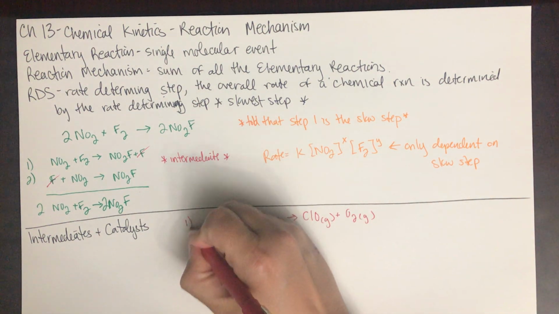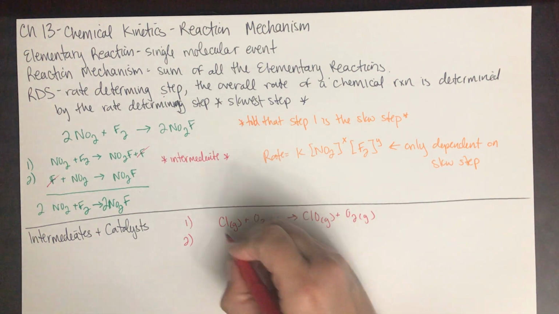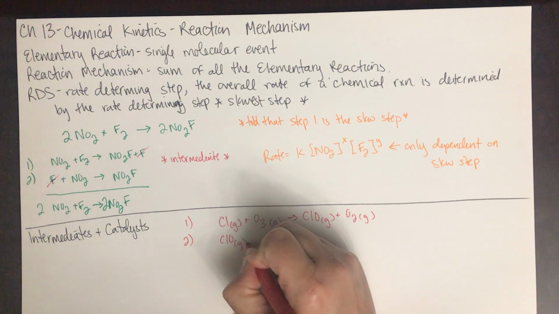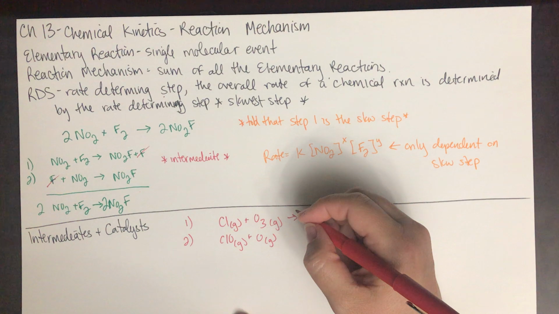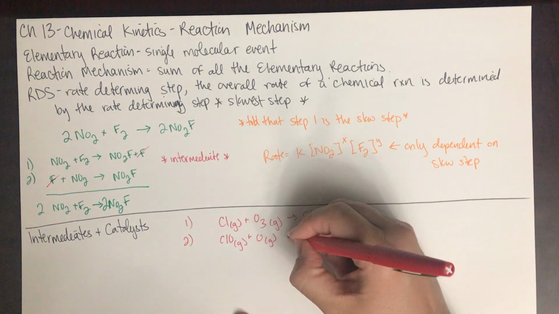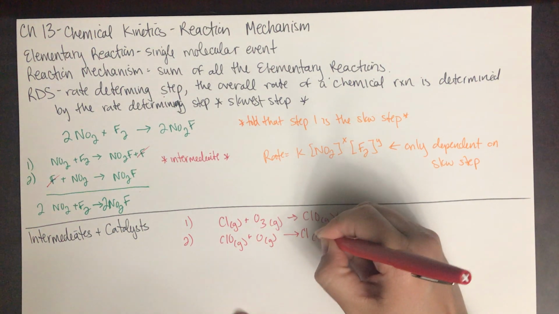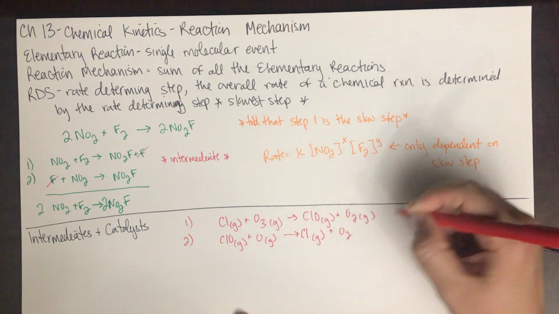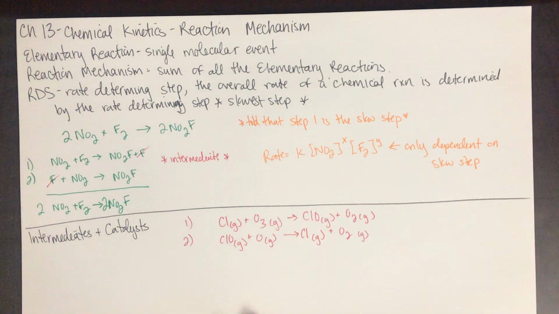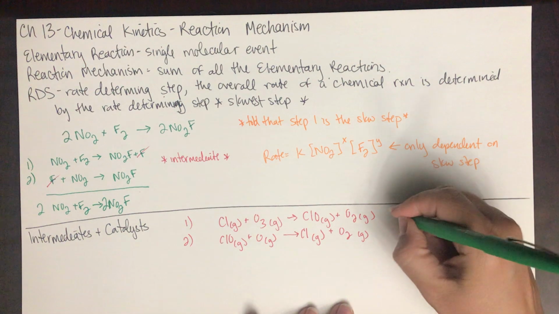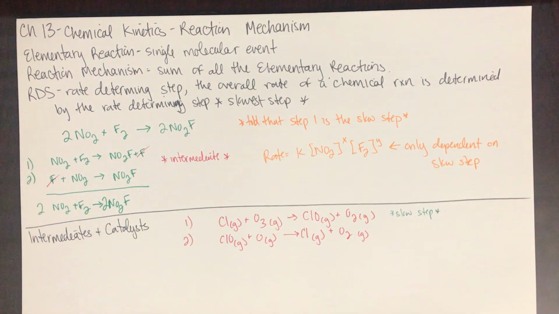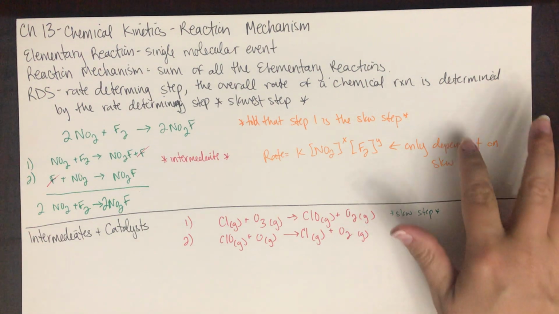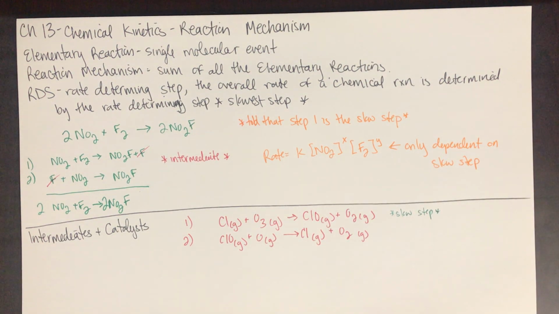This is step 1, this is step 2. Now you're told in the problem that step 1 is the slow step. It's not always step 1; it was step 1 in these two examples. You'll always be told which it is.